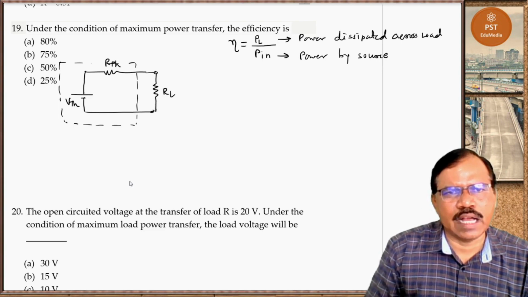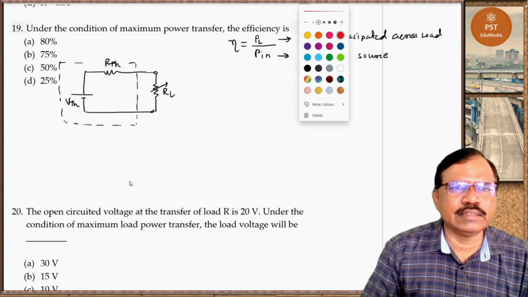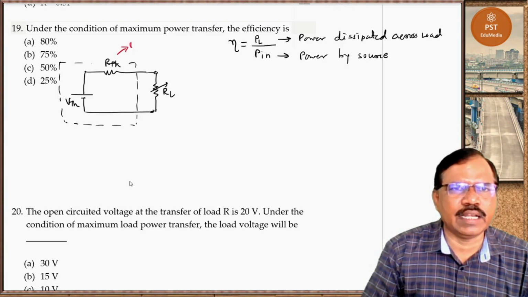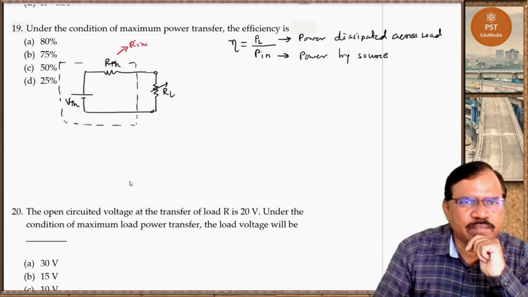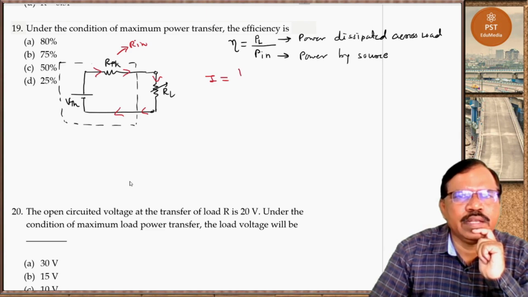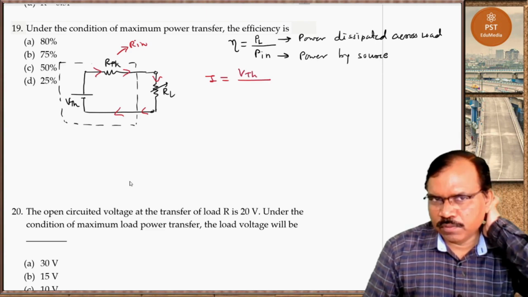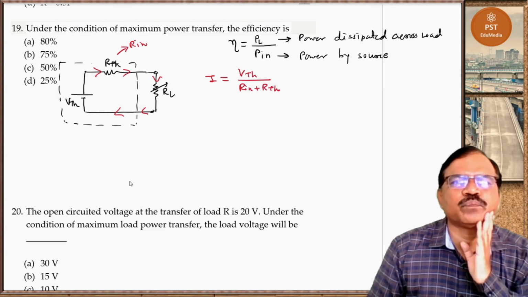And we have here load resistance RL. So what happens here? RTH is the internal resistance. We can take Rin also. So what happens when we connect load resistance? Current flows through this. And what is the current? I is equal to VTH upon the total resistance in the path, that is Rin plus RTH.